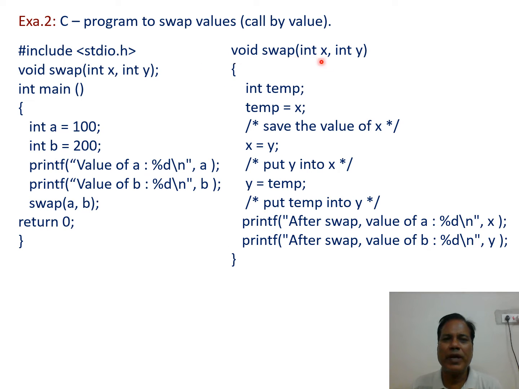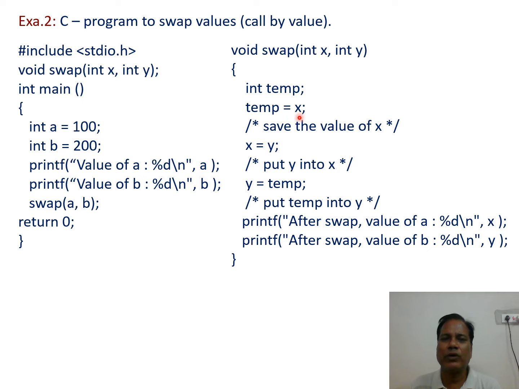So value of a is copied into x and b is copied into the y. After that, first statement in the swap function is int temp;. So using this statement, temp variable is defined here, that is of integer type.